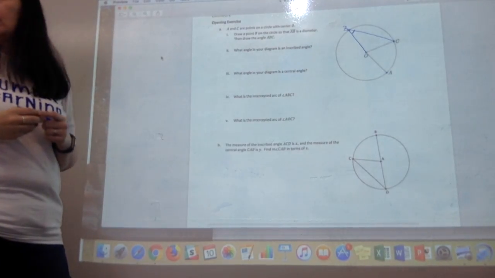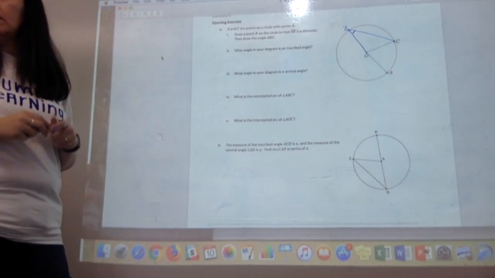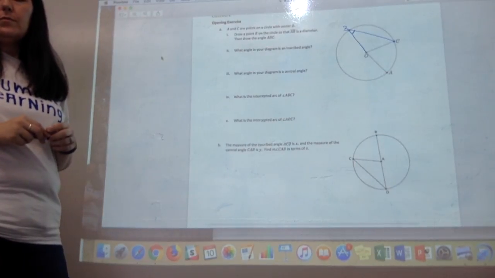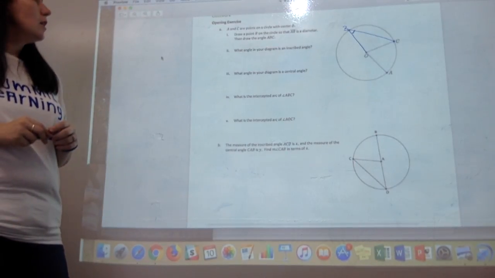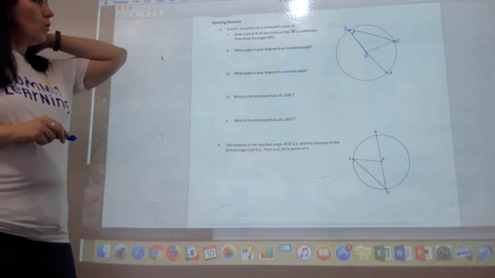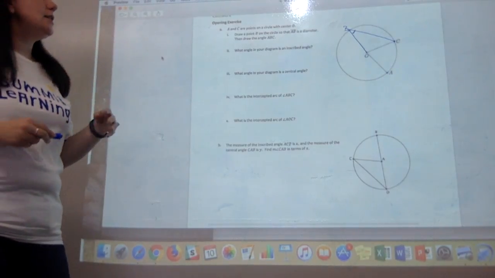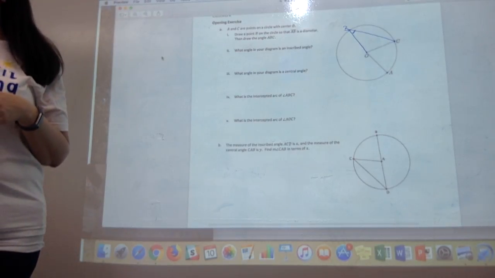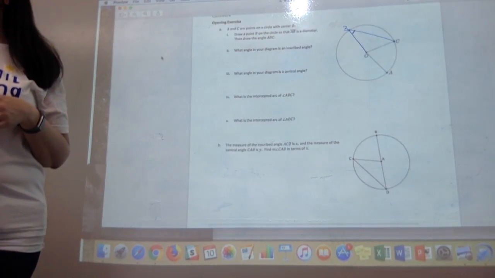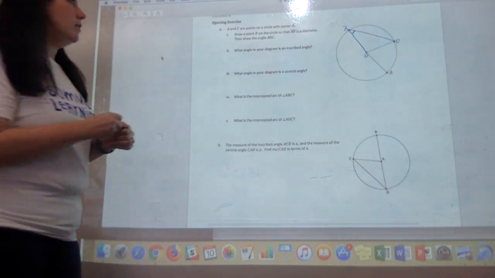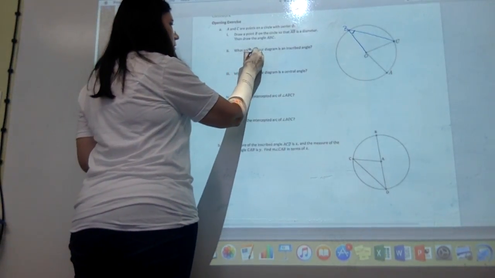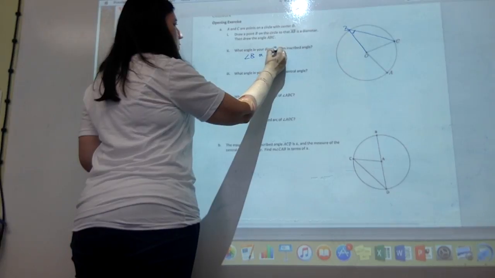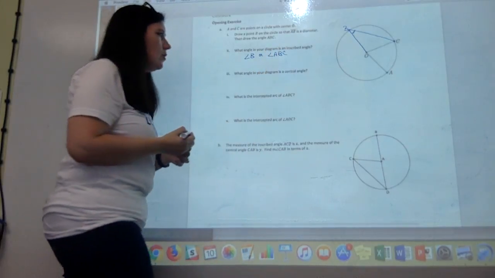ABC. So, which angle now in this diagram is an inscribed angle? Angle B. Good. It's the same, ABC.